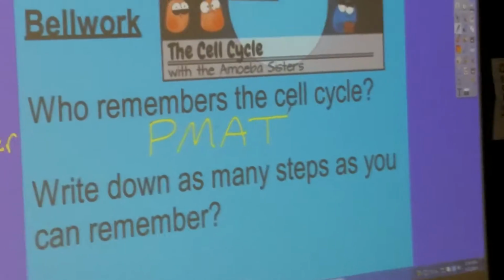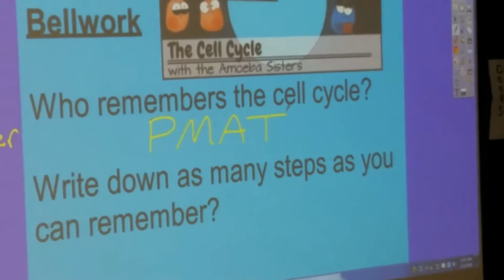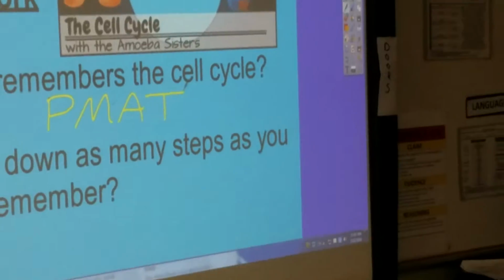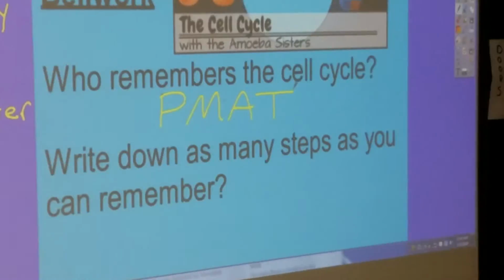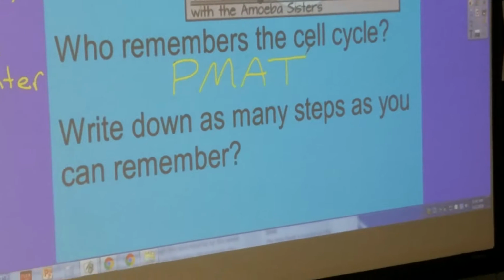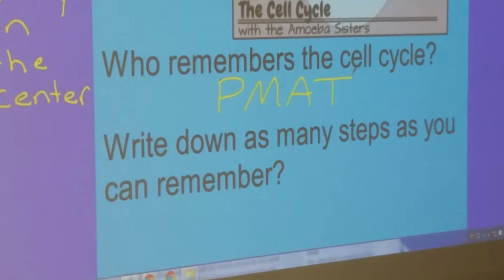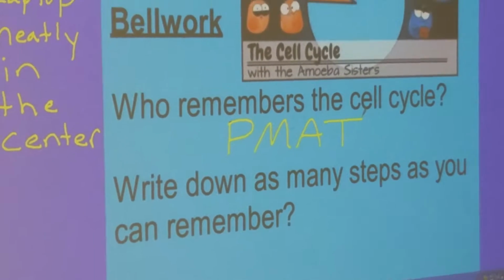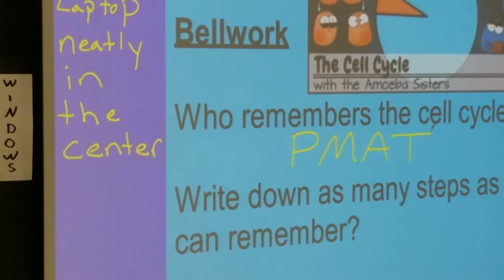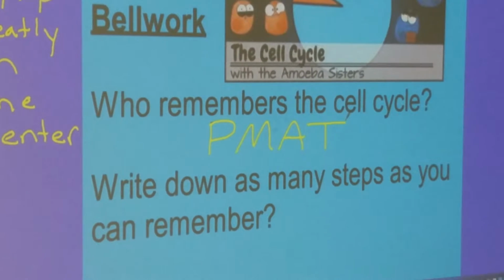Remember that those are the four middle phases of the cell cycle, which we call mitosis. There's one more step that comes at the beginning, and there's a step that comes after. But those are the four middle phases. Those are the first letters of each of them.